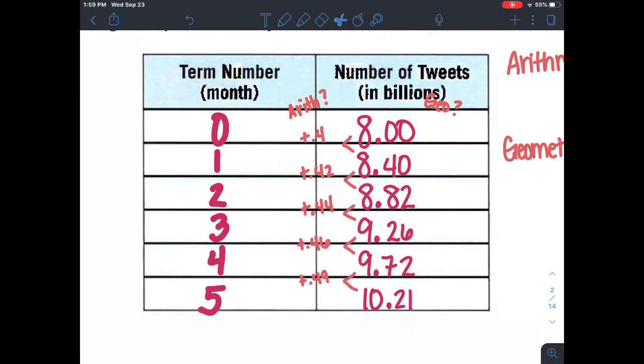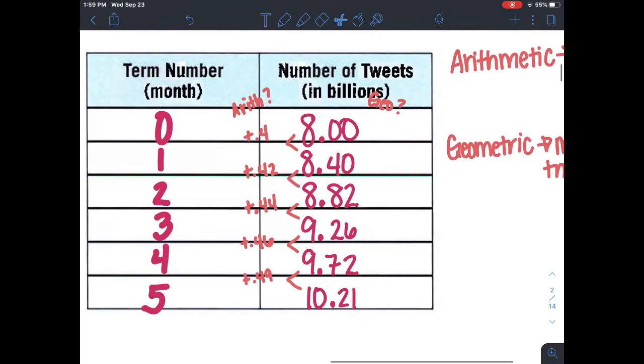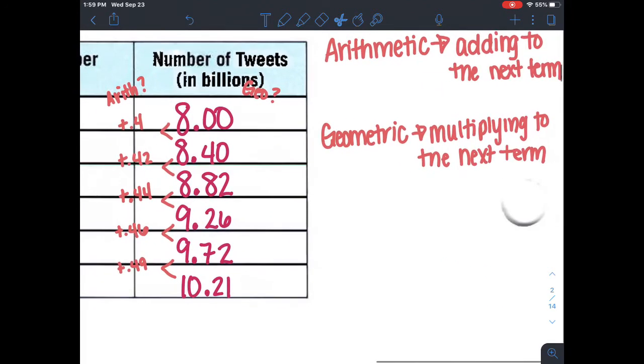So I already did the math for you. The difference between 8 and 8.4 is plus 0.4. And then from 8.4 to 8.82 is plus 0.42. Okay, you can read the rest of the numbers. Apparently I can't speak numbers. They said approximately. Maybe that's approximately, but let's take it one step further.